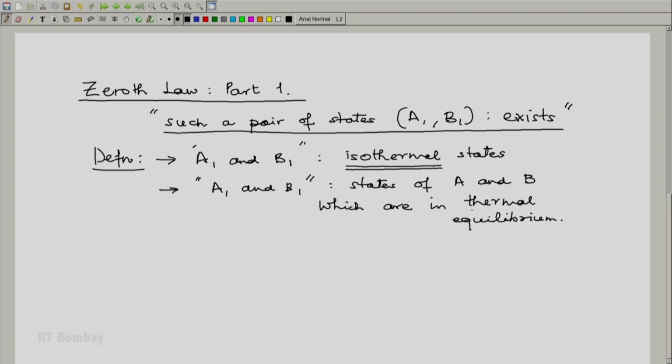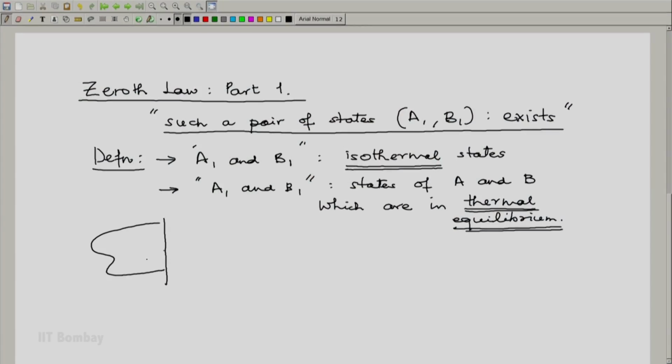So, here we are defining the words thermal equilibrium. So, when we say states A1 and B1 of the two systems A and B respectively are isothermal, it means that the two states are in thermal equilibrium with each other.